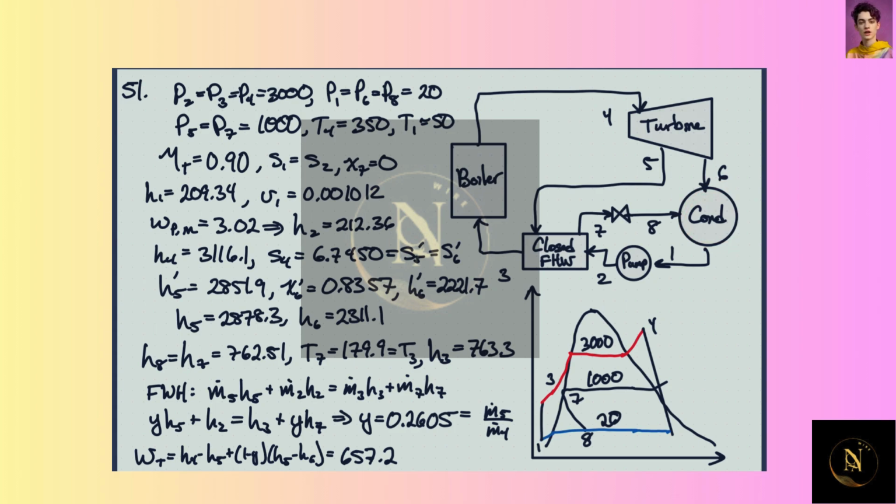So that's the difference. Again, the isentropic efficiency of the turbine is 90%. Everything else is the same.